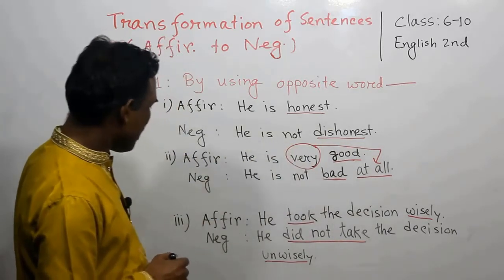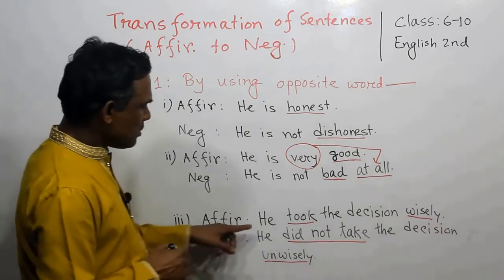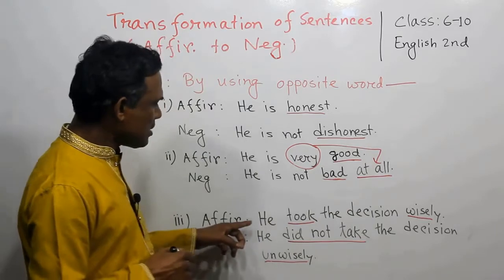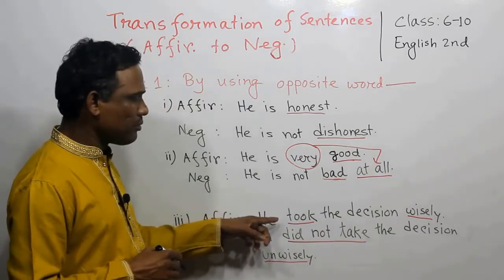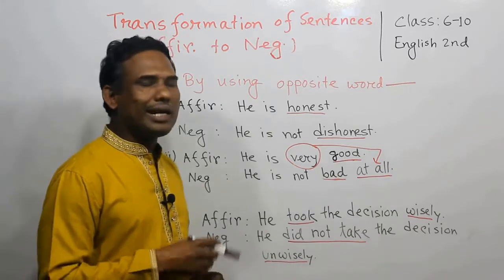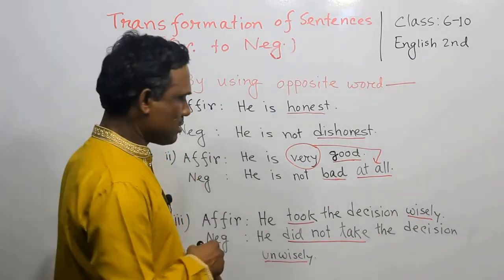Okay. Now, number 3. He took the decision wisely. You can see there is no be verb or have verb or any other auxiliary verb in the sentence.